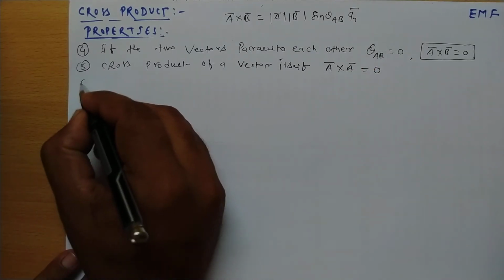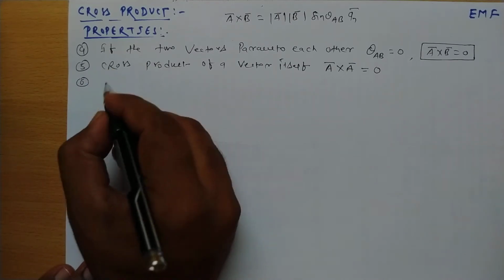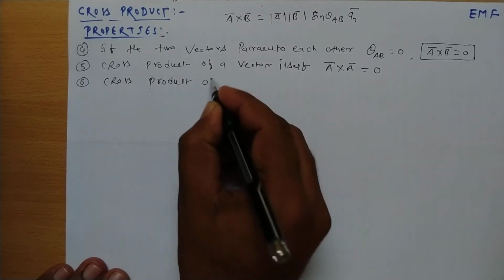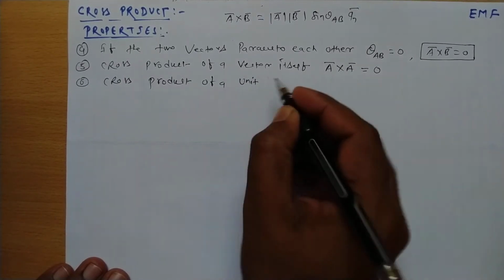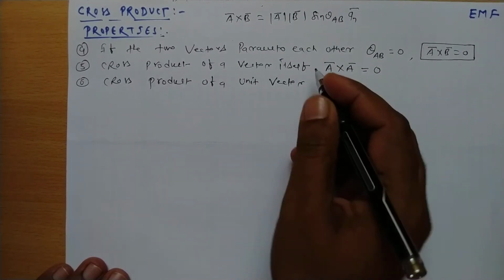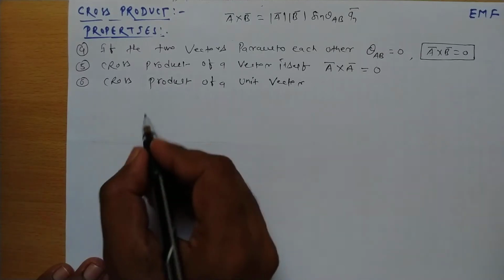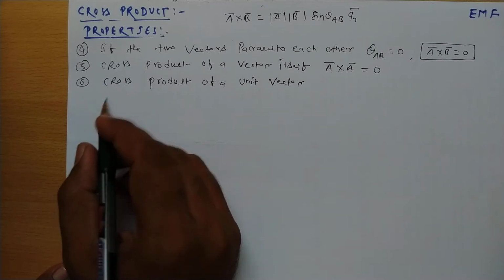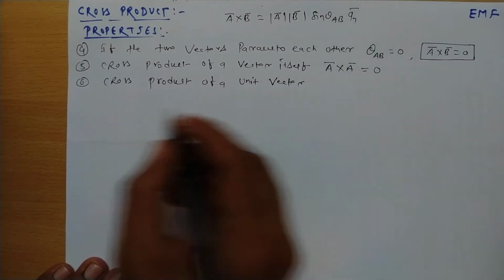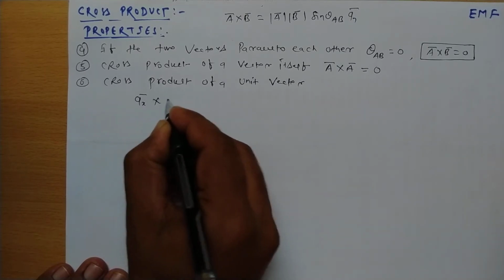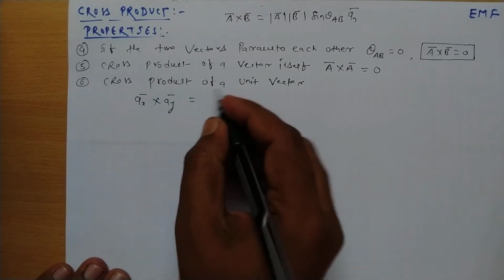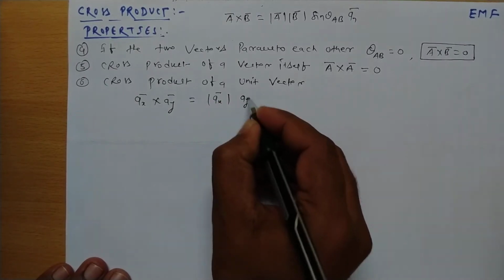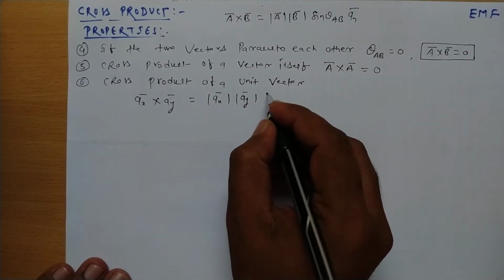Now the next property: the cross product of unit vectors. If I take the unit vectors of the Cartesian coordinate system, AX cross AY, I can write this as mod of AX, mod of AY, then the sine.